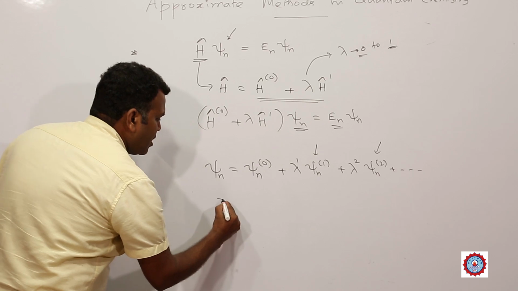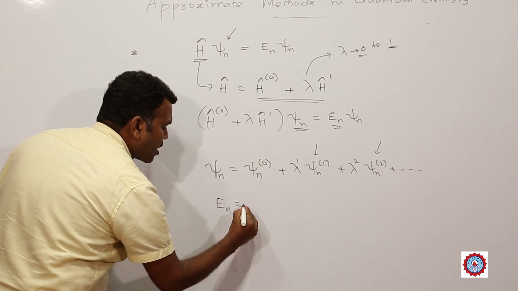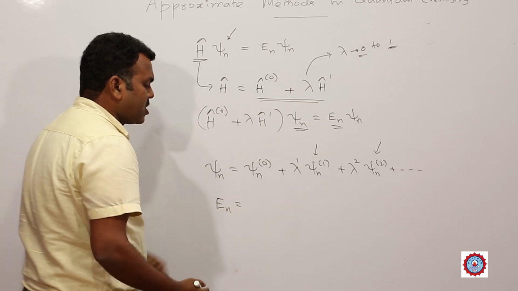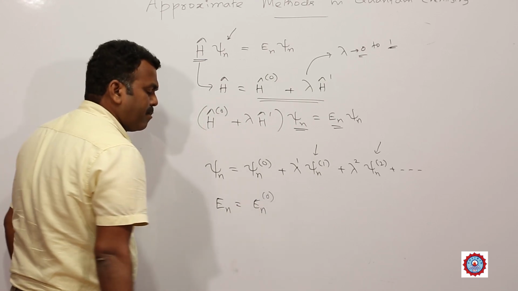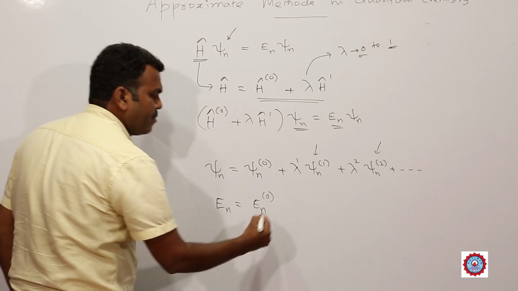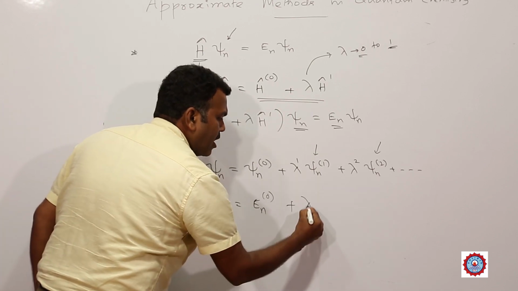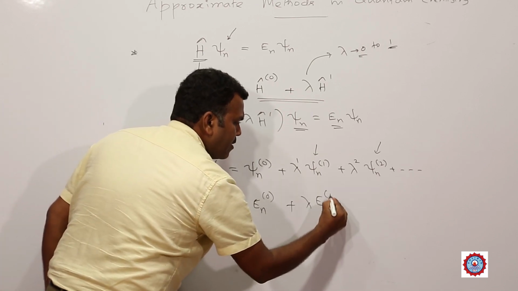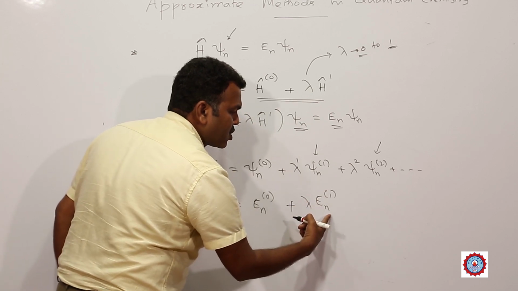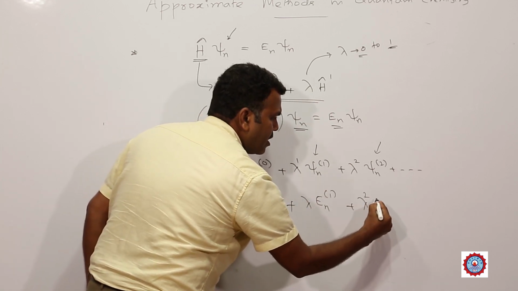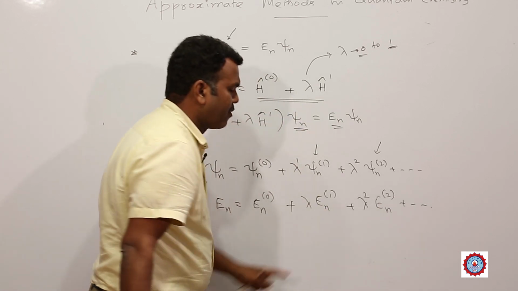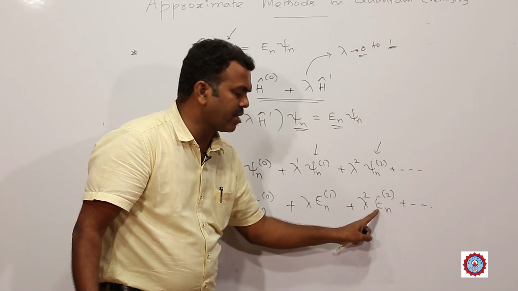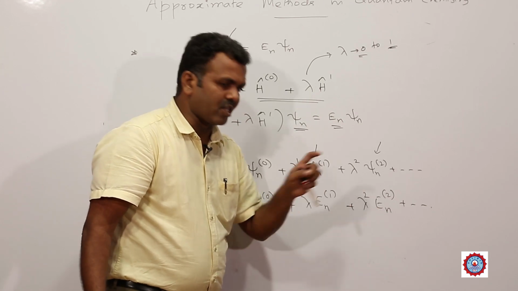Similarly, the energy of the nth state can also be expanded in Taylor series as the energy of the nth state of the unperturbed system, known system, plus correction terms: lambda into En power 1, the first order correction to the energy of the nth state, plus lambda square into En power 2, plus etc. What is this? This is the second order correction to the energy of the nth state.